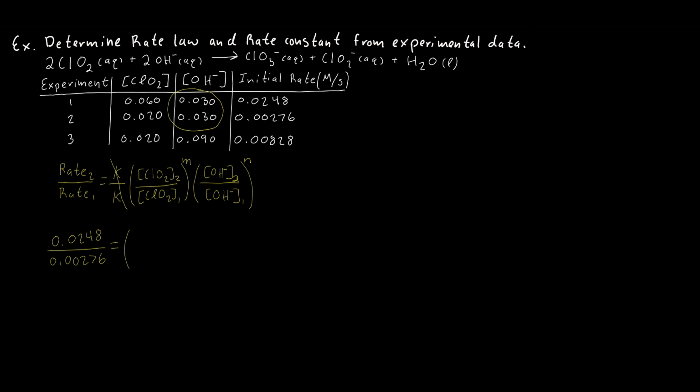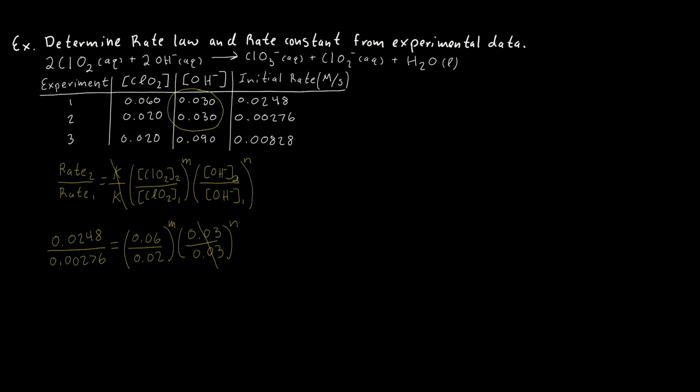Our concentrations of ClO2 are 0.06 and 0.02 respectively to the m power, and then our concentrations of OH are both 0.03 to the n power. And since 0.03 over 0.03 is 1, that will cancel out because no matter what the exponent is, it will always be equal to 1.